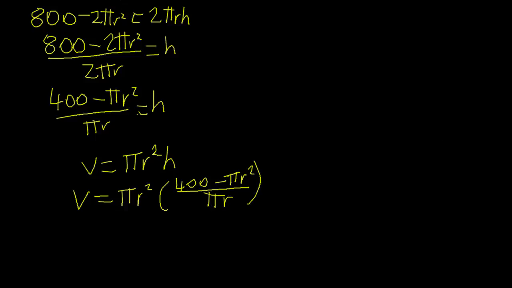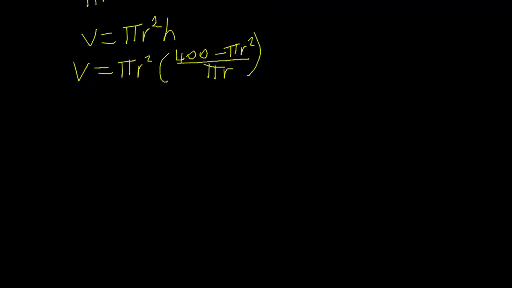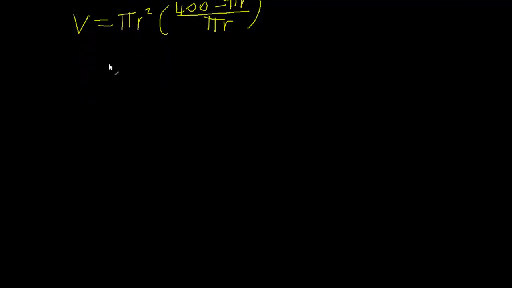And now if we multiply by pi r squared, the pi here will cancel out with the pi at the bottom. The r squared, one of the r's that we're multiplying by, will cancel out with this bottom r, which means we'll just end up multiplying everything on the inside by r. So we don't have to multiply by pi because we're dividing by pi. We don't need to multiply by r squared because we're dividing by r.